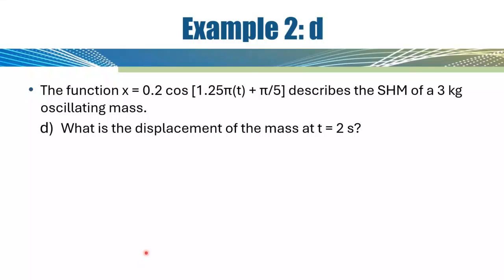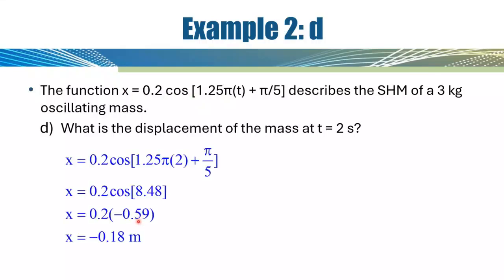Letter D says, what is the displacement of the mass at a time of 2 seconds? So we can now use our given position function to calculate the position at a time of 2 seconds. So let's talk through that. So we have the angular frequency of 1.25 times pi, but now we're going to plug in a value for time, which is 2 seconds, and we still have our shift that is hanging here.